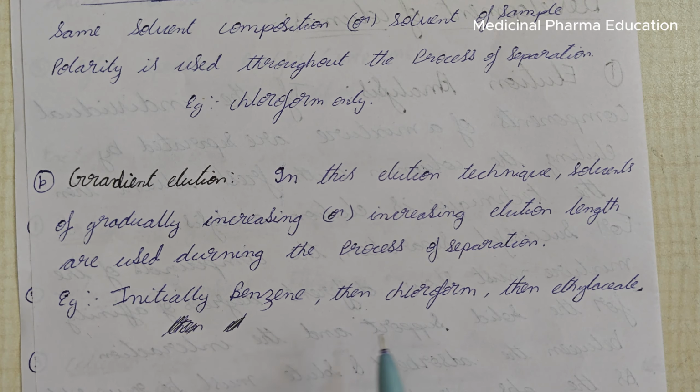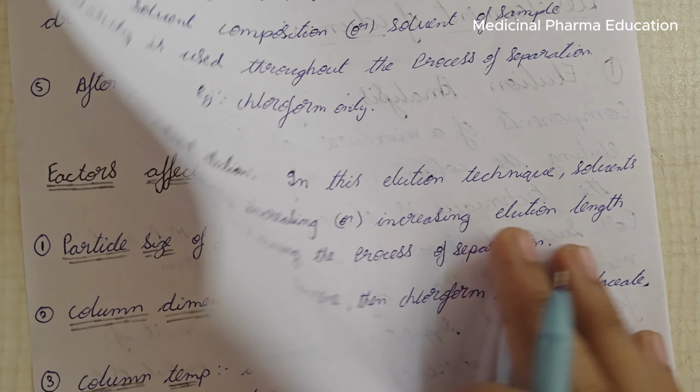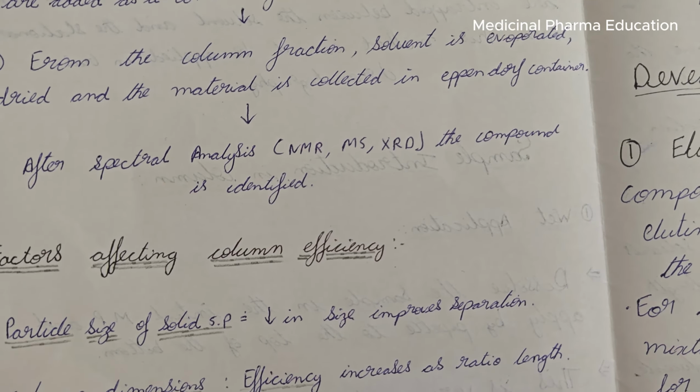Initially benzene, then chloroform and ethyl acetate, as I have said earlier about their polarity and increasing elution power, which is important. Here is the importance. In gradient elution we use different mobile phases; in isocratic we use a single one. By this we complete the development of the column.